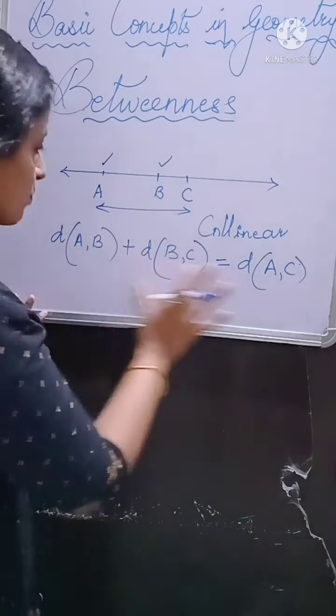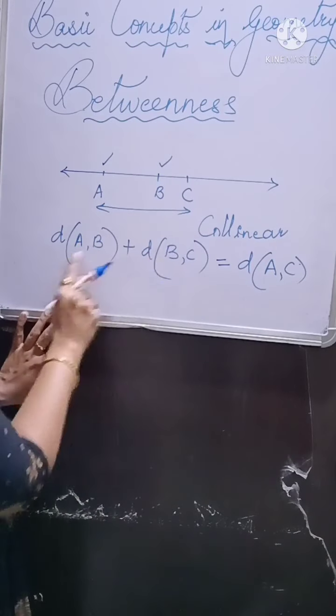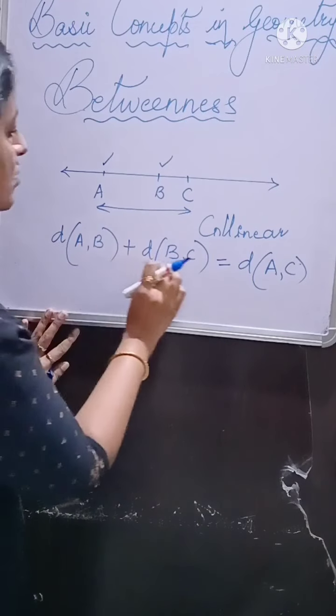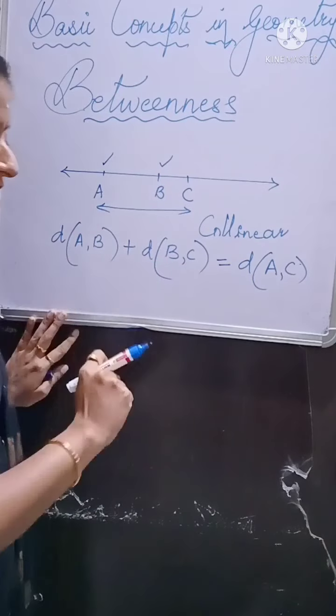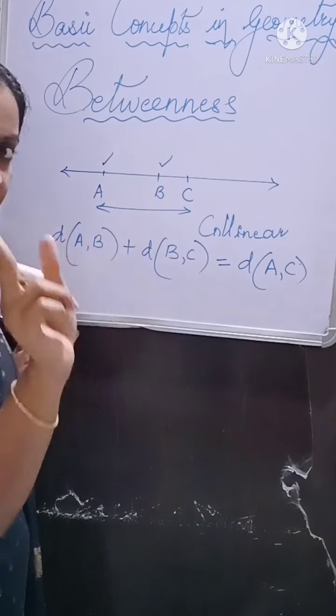Understood? From this property we can conclude that, now look at the left hand side, LHS. Distance between A and B, distance between B and C. Which point is repeated here? Point B is common, repeated twice.